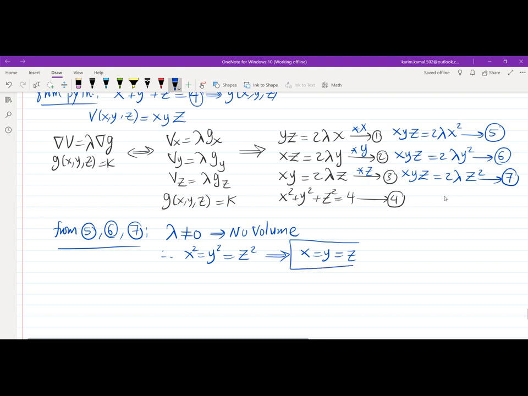And we can plug this value in equation number 4 in order to find the critical point, which is the x, y, and z value.